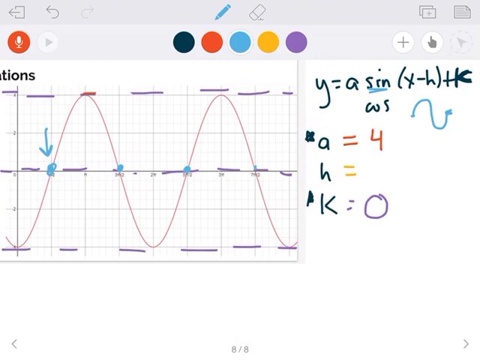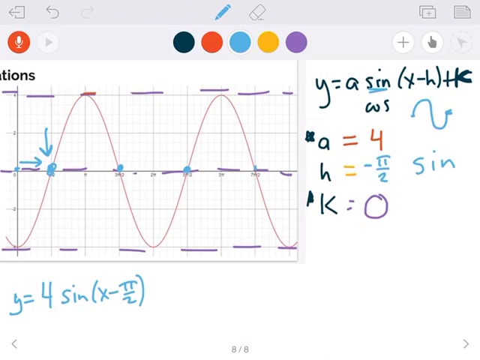Normally the sine equation starts at 0. Because the starting point has been shifted to the right pi over 2 units, it's going to be negative pi over 2 for our h value. So that's one equation we could write: y equals 4 times the sine of x minus pi over 2, and then plus nothing, so we don't have to add anything at the end.